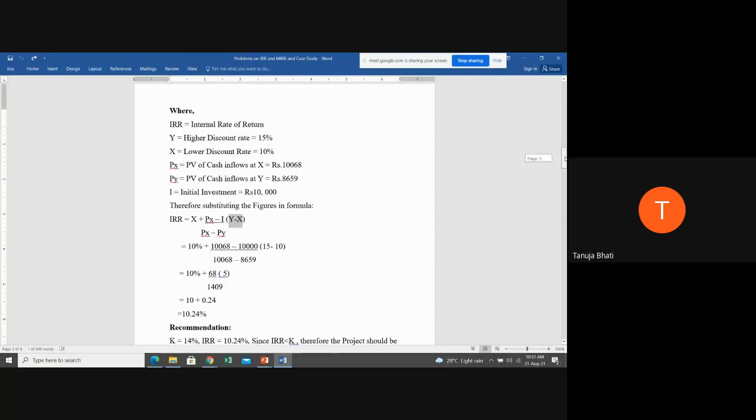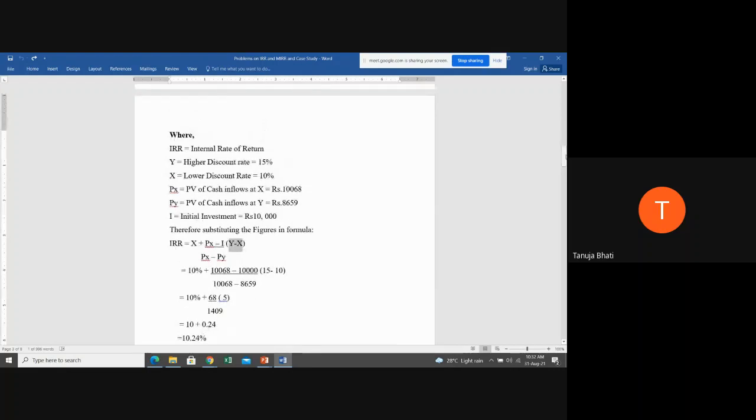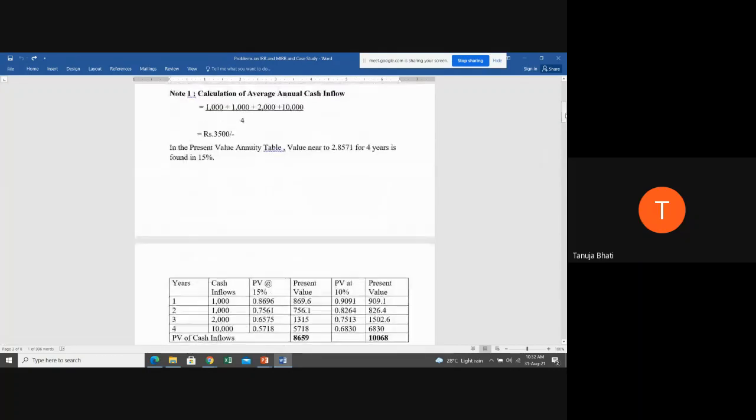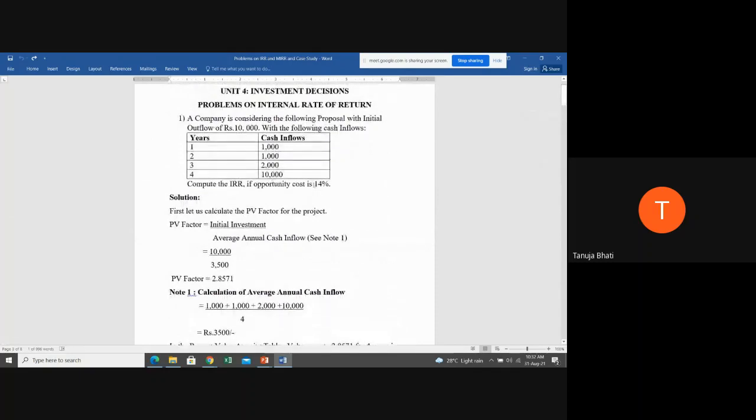So now the IRR is 10.24%, and the cost here in the problem is given as 14%. So you all make a decision and tell me, should we accept the proposal or reject the proposal? IRR is 10.24%. The opportunity cost, that is K, is 14%. Should we go in for the proposal or should we reject the proposal? Students, should we reject or accept?